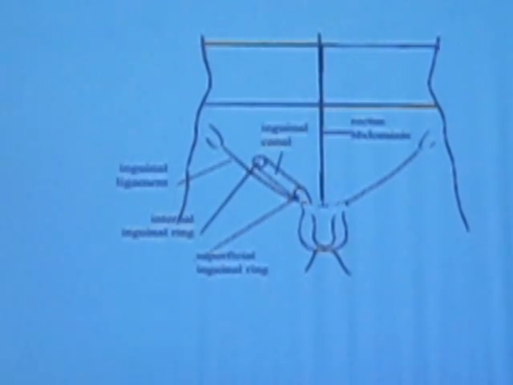Regarding the inguinal canal, you see that this is the superficial inguinal ring and here is the deep inguinal ring. Anterior to it will be the external oblique and internal oblique, and behind would be the transversalis fascia.